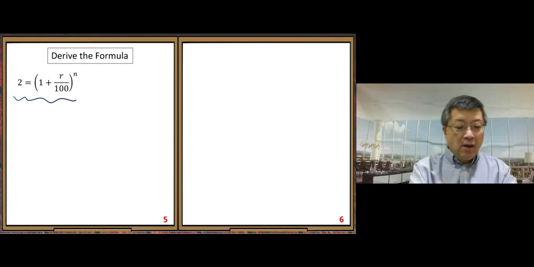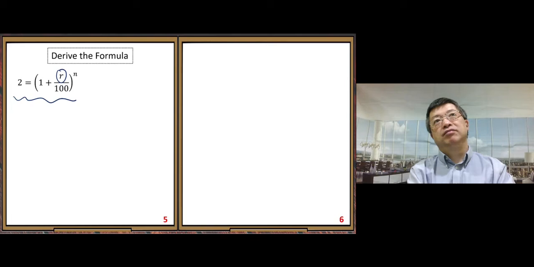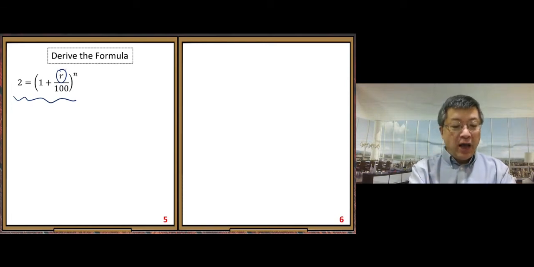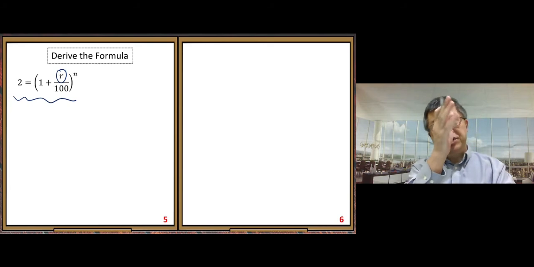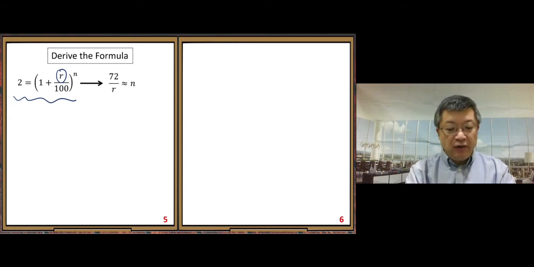The percentage number we divide by 100. And that's the annual rate, so we use the number of years, n years. We should derive this formula, 72 over R approximately equals n.